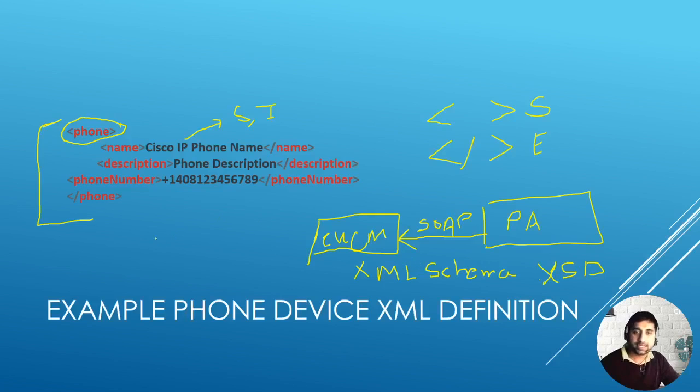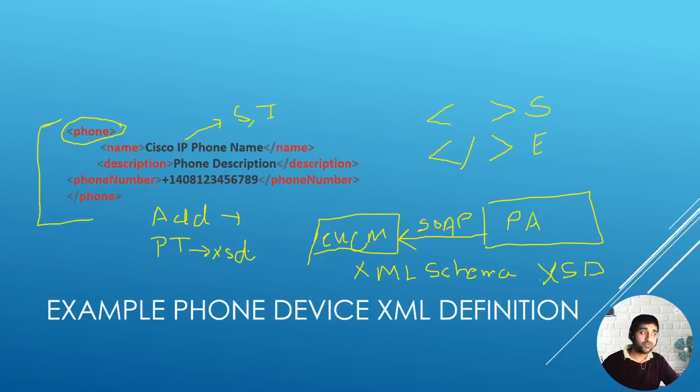So basically it says, if you want to add a phone, there will be an XML schema definition for it. Or if you want to create a partition, for a partition there would be an XML schema definition. Or if you want to create a calling search space. So for all the objects, for all the APIs, the CUCM will have an XML schema definition, right?